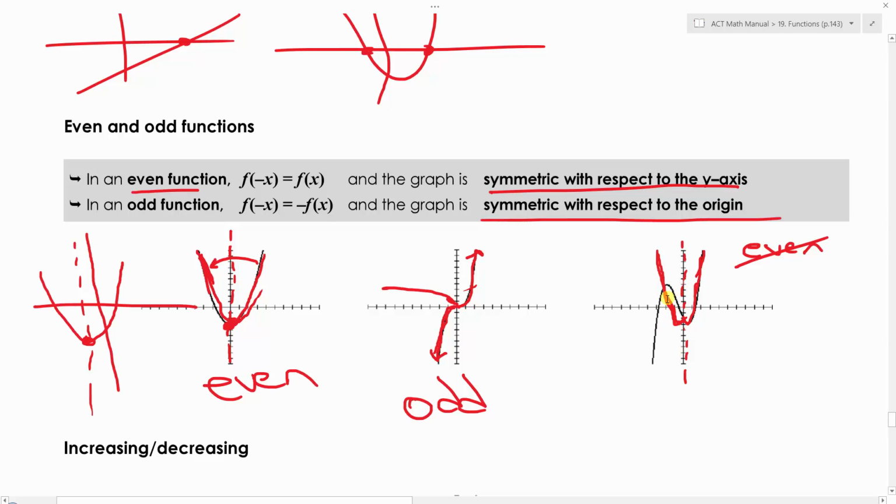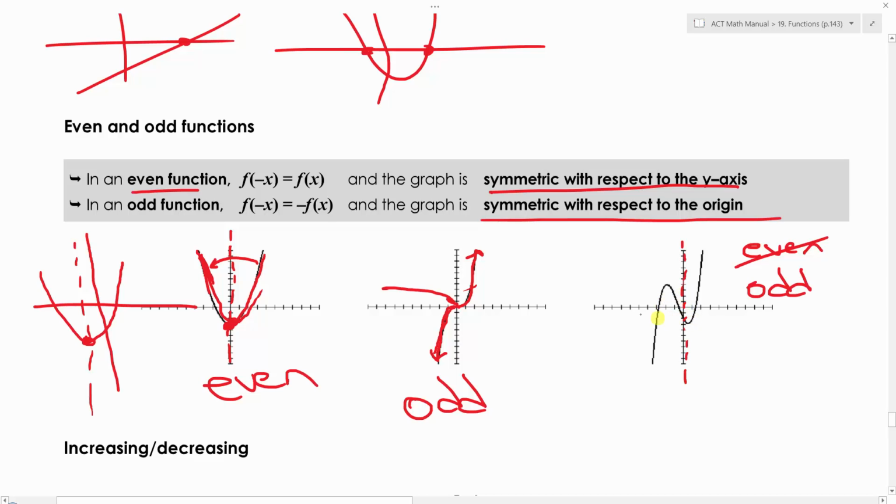So obviously it's not symmetric with respect to the y-axis. Now, in terms of determining whether this is symmetric with respect to the origin, in other words, whether this is odd, it's very difficult to envision what this would look like when rotated about the origin.